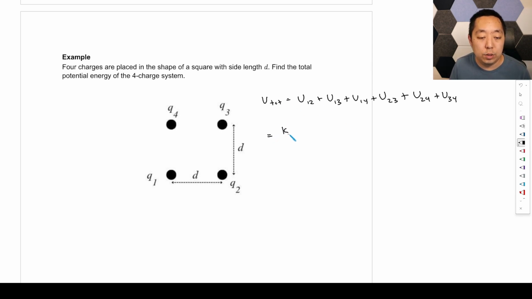So let's look at 1 and 2. They're all charges, so this would be Q1, Q2. And what's the distance between 1 and 2?